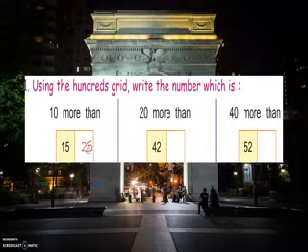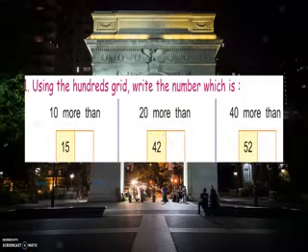Similarly, we can do next one. 20 more than 42, which means 42 plus 20. 20 is 2 tens, which means we have to move 2 times down from 42.